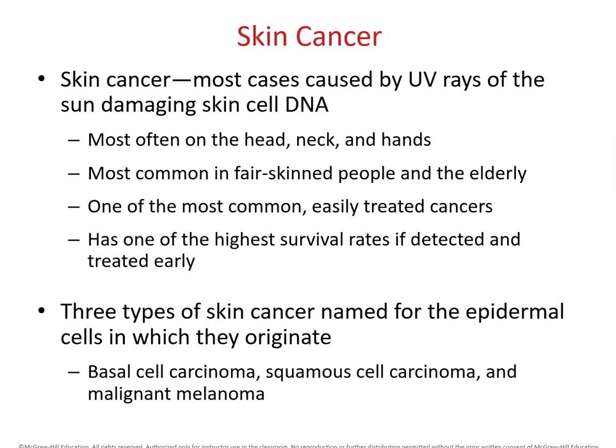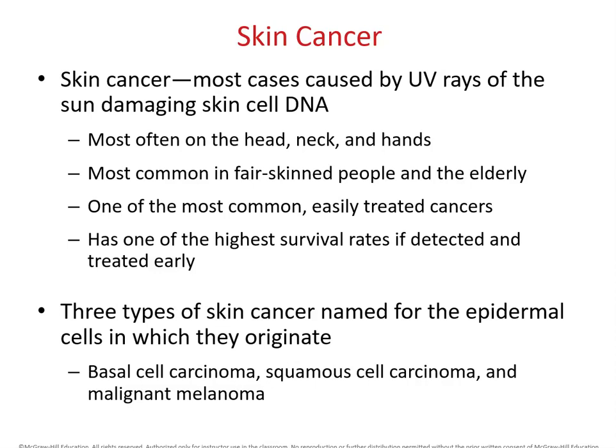Those are places that are generally exposed when we're outside, no matter what we're wearing. People who have fair skin, who don't have added protection from the melanin pigment that we've talked about earlier in Chapter 6, and elderly people who have been in the sun a lot cumulatively over their life are more likely to develop skin cancer.